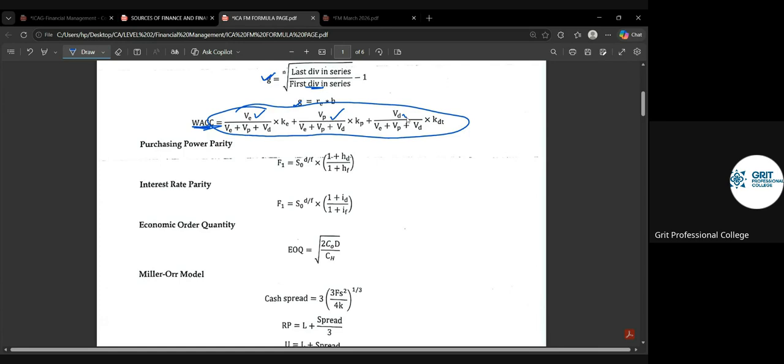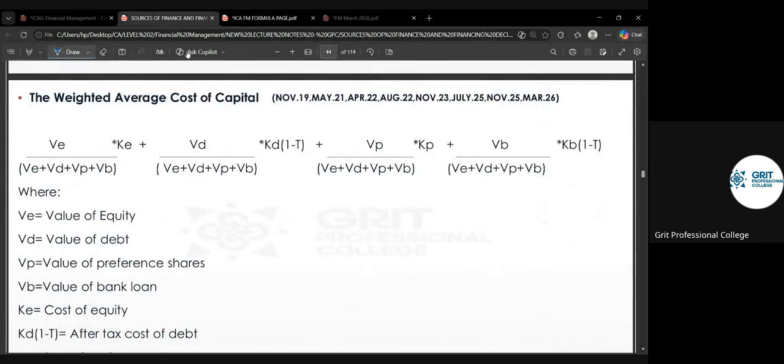And then what you have here is the debt, which will be your bonds and so forth. So this formula is looking at three sources of finance. But the one I have here in your lecture notes is looking at a situation where we even have four sources of finance. And when you look at it carefully, this one is for your common equity shares.